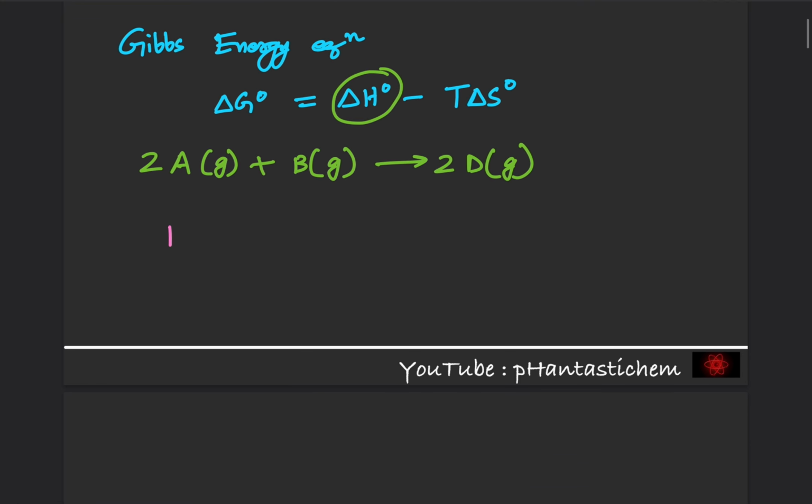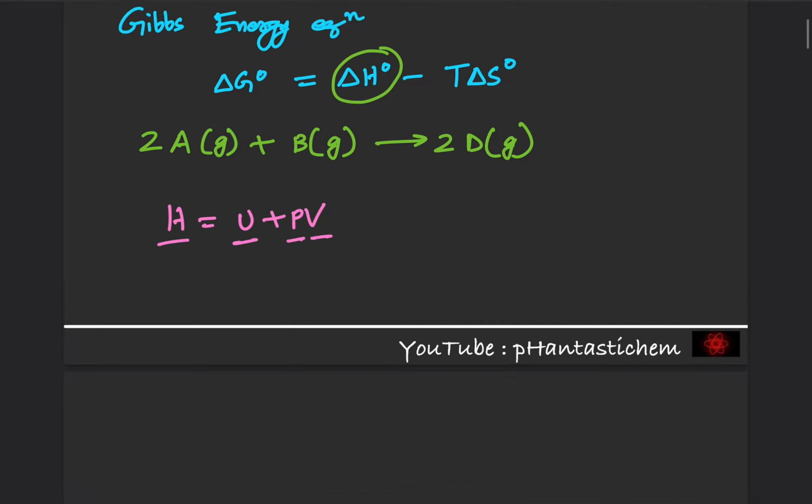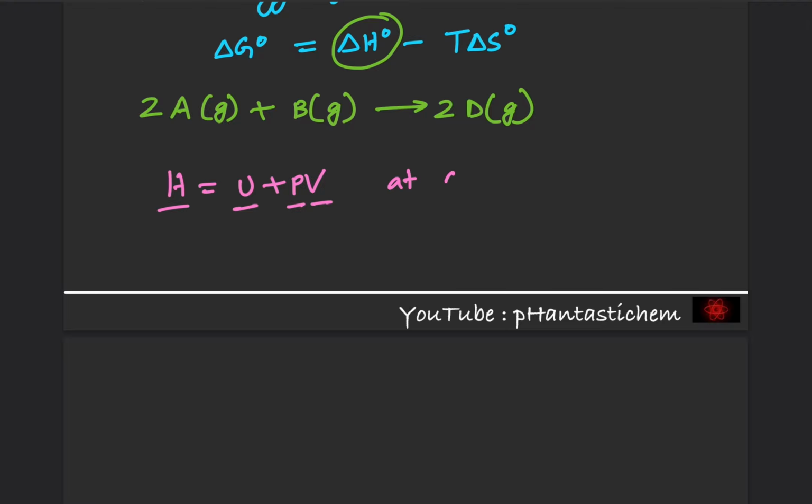So we know that H is equal to U plus PV. Enthalpy is equal to internal energy plus the product of pressure into volume, right? At constant pressure, we can write delta H is equal to delta U plus P into delta V, where delta V is change in volume.